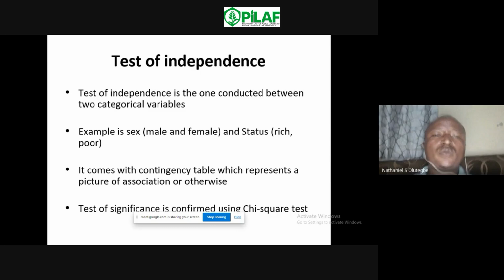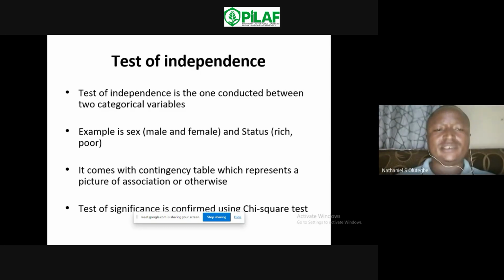And so when we as researchers have interest in looking at whether two categorical variables show some measure of independence, then that means we make use of this test that we're talking about. An example is sex, which is male and female. And of course, we also have status, which can be in the form of rich and poor.